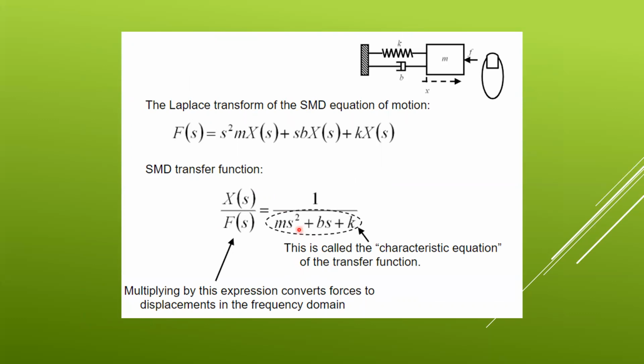And applying Laplace transform, we get the next equation. And from here, we get our transfer function. Here you can see the characteristic equation, which is the denominator of the transfer function.